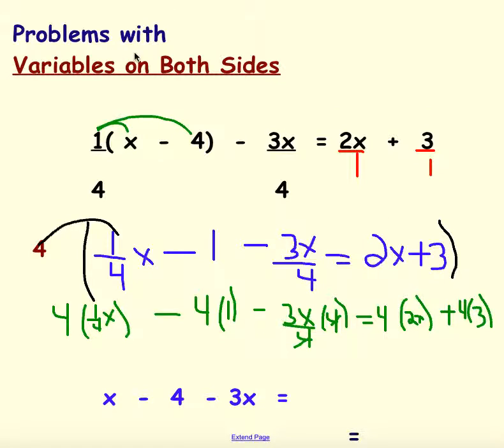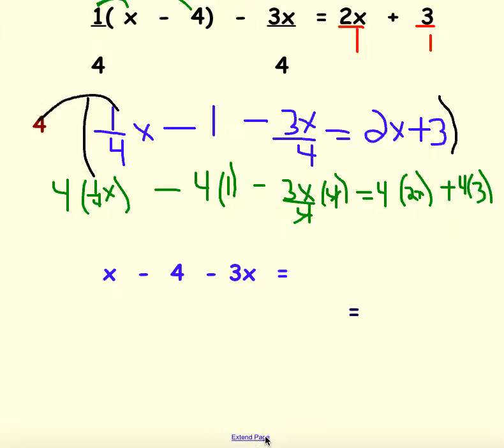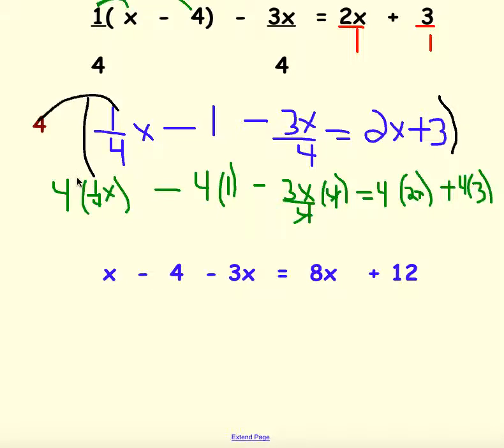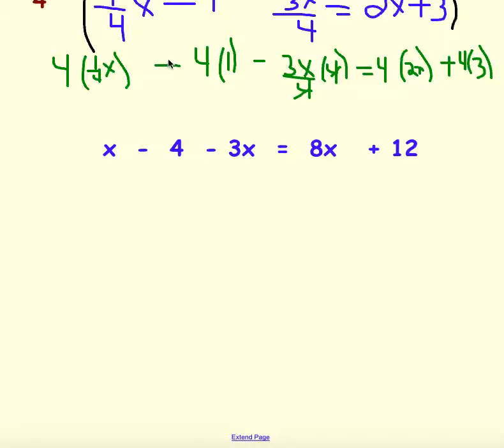So what I'm going to get is, I believe, 8x plus 12. Okay, so I multiplied by distributive property, and then I've gotten rid of the 4. Even though these guys didn't have denominators, technically they had a denominator of 1, I still multiplied each term. And then from there, I'm going to combine like terms. I would probably recommend that you do x minus 3x.